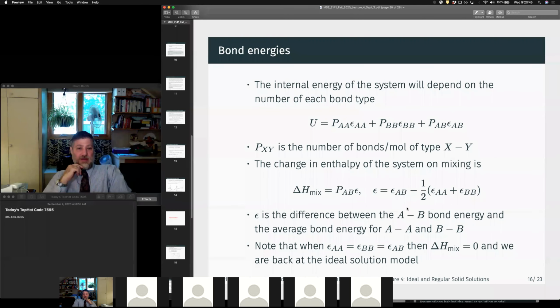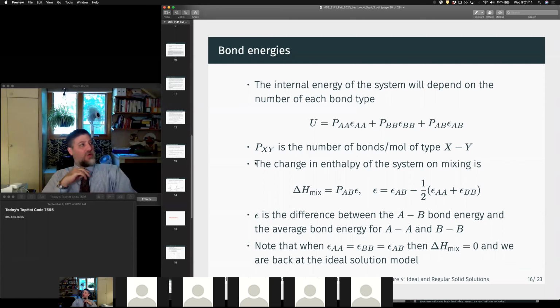If we consider this in the text here, PXY is the notation that's used in the reading, the number of bonds per mole of type XY, right? When I think about it, I normalize slightly differently and think about this in terms of a probability, right?